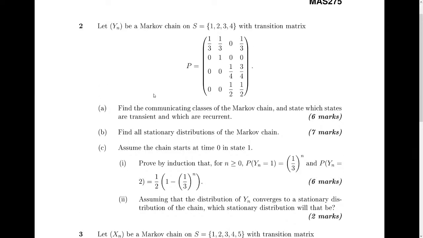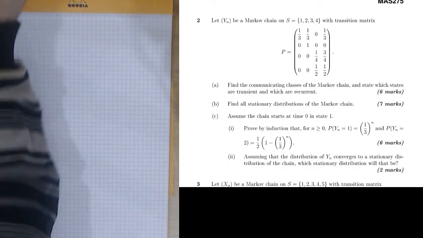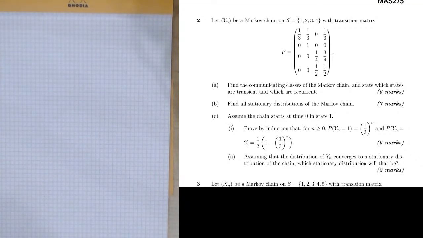Now we have a Markov chain. Find the communicating classes and which states are transient and which states are recurrent, the usual stuff. So, for Markov chains, the things you need to know how to do are: find the classes, find stationary distributions, compute the expected times until being absorbed, or the probability of reaching a certain absorbing class.